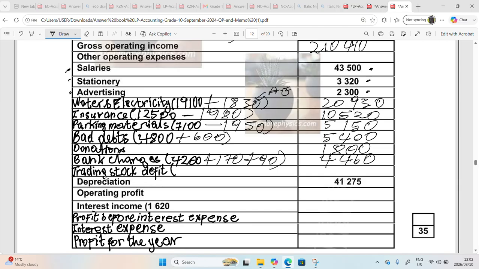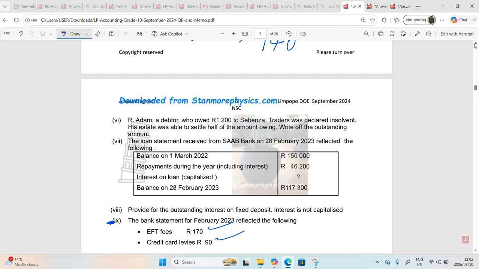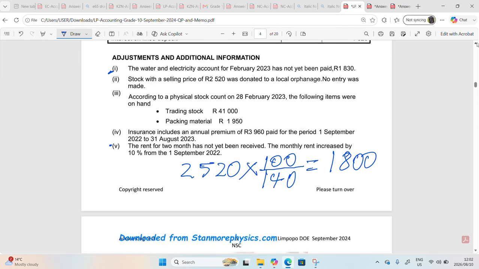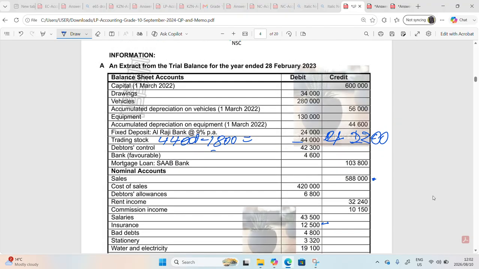We have a trading stock deficit for this example, and I'll explain why. So guys, when you check from the list of balances, can you see that we did calculate the new value of trading stock? It is how much? 42,200.